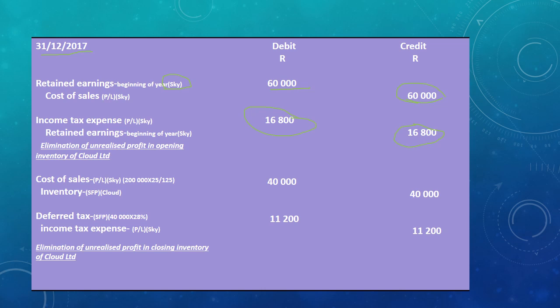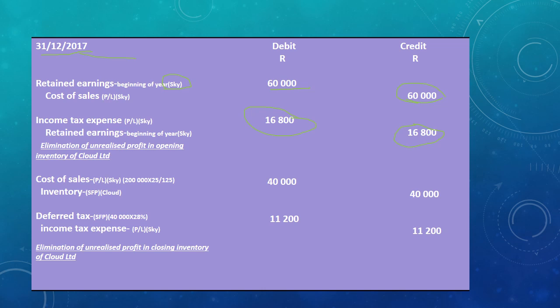Since there was a transaction in the 2016 financial year, which ended 31 December 2016, when we open the current financial year, which is the 2017 financial year, we are going to carry forward the previous balances of the unrealized profits.